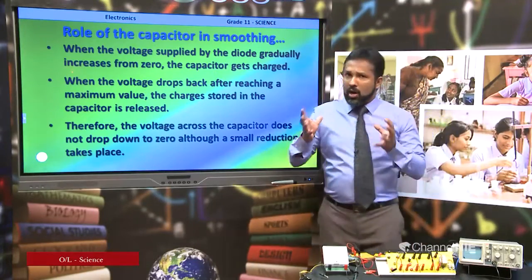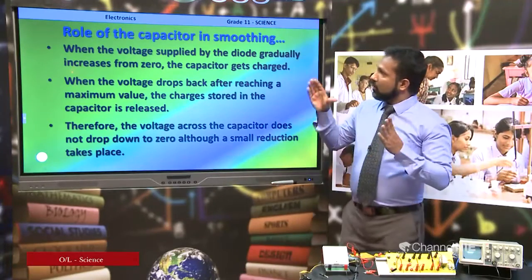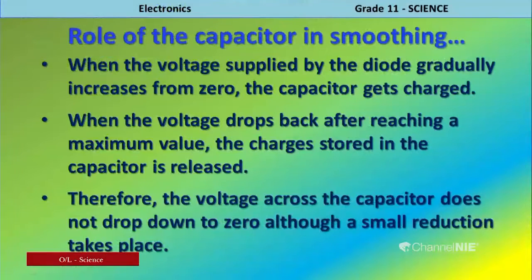So, what is the role of the capacitor during the process of smoothing? When the voltage applied by the diode gradually increases from 0, the capacitor gets charged. When the voltage drops back after reaching a maximum value, the charge stored in the capacitor is released.